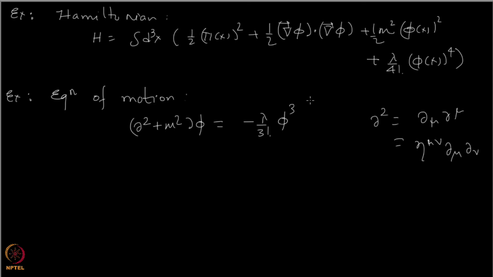Okay. Now, how do you quantize this theory? The procedure is same as always. To quantize, you should construct the conjugate momentum to the fields which we already have, and impose equal time commutation relations.